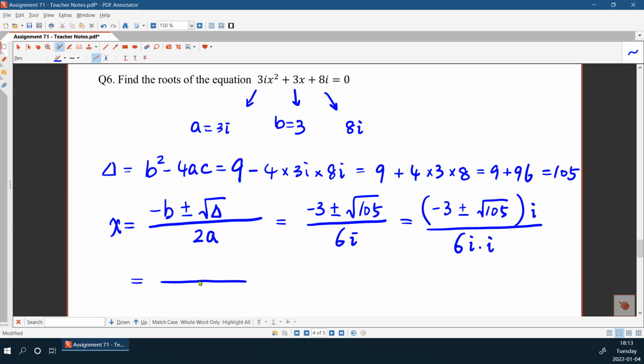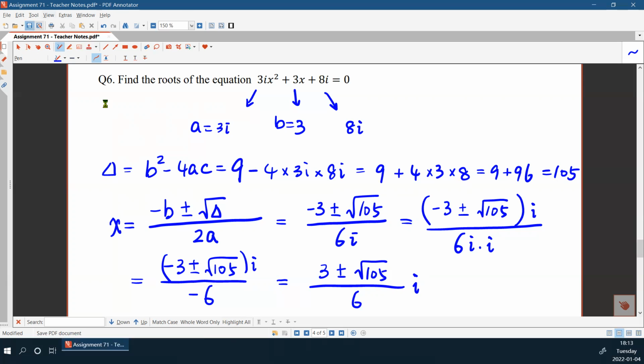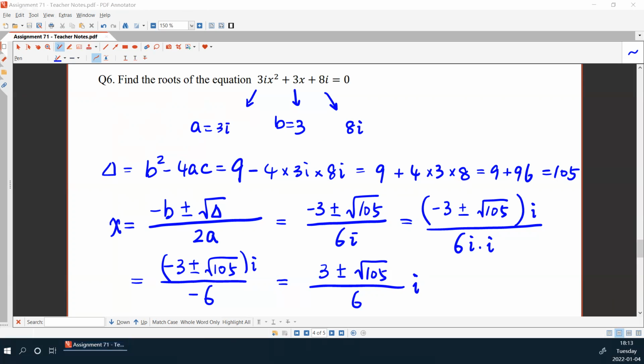Then the denominator becomes negative 6, and the numerator is negative 3 plus or minus square root of 105 i. Then after simplification, we get 6 as the denominator, 3, then plus or minus square root of 105 i. All right, so please have a look at this question and let me know if you finish, okay?